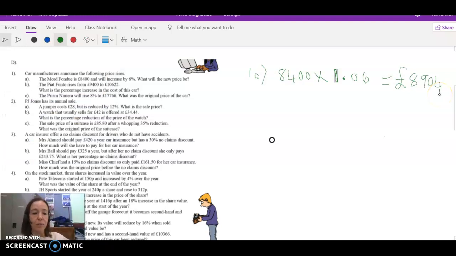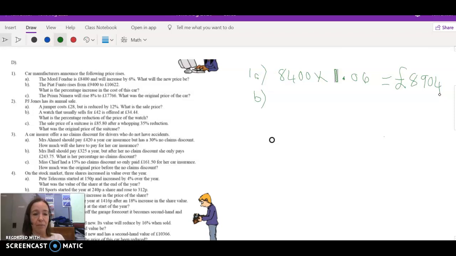Okay, so B, the Fiat Punto rises from 9,400 to 10,622. What is the percentage increase of this car? Now, when you're trying to find what the percentage increase or decrease is, you always need to find out how much it's increased or decreased and write that over the original amount and then times by 100.